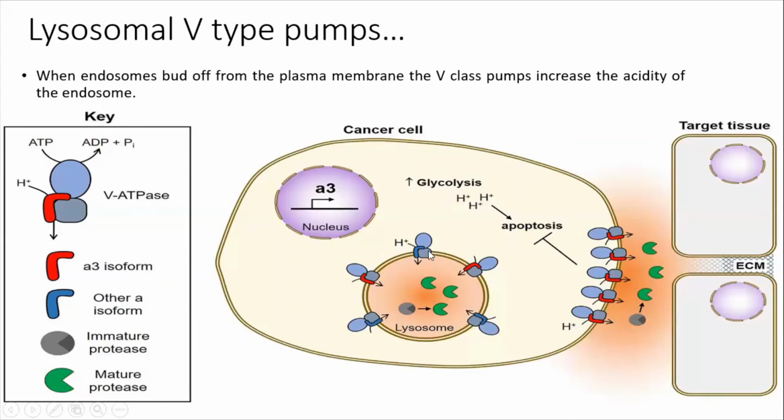Now let's take the example of the cancer cell over here. So these are your V type pumps present here, H+ वाले present हैं. ठीक है? Now what do we see here? आपको फिगर से क्या समझ आ रहा है? Anyone can guess? क्या हो रहा है यहाँ पे?